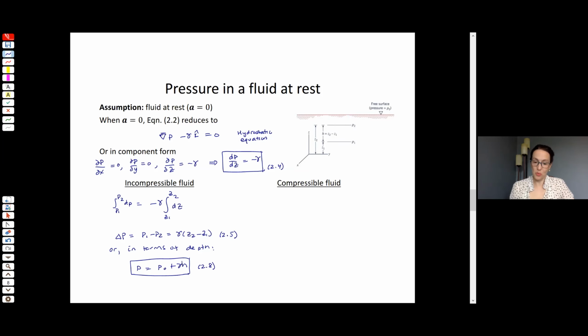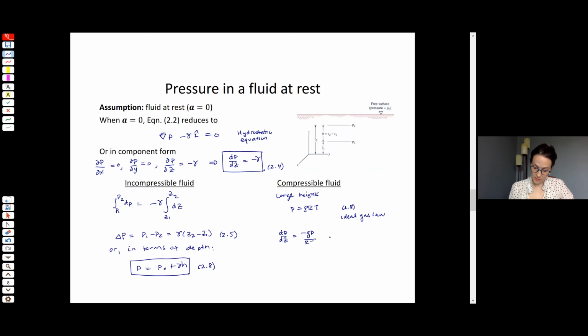All right, for a compressible fluid, if you're dealing with large heights, then you can invoke the ideal gas law. That's equation 1.8 that we learned about a few lectures ago. You can combine that with equation 2.4, and you get dP/dz is equal to minus gP over RT.